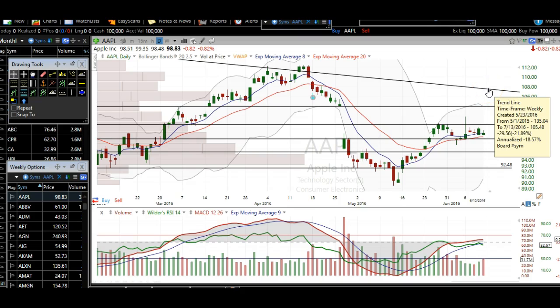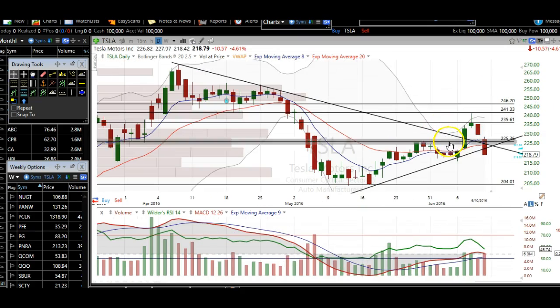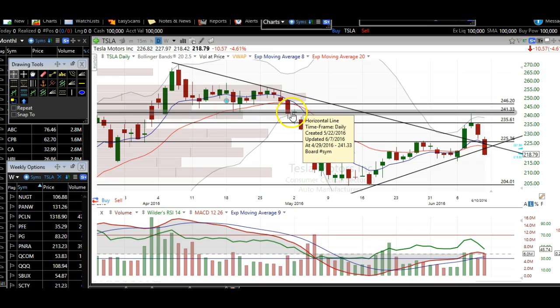All right, guys, next one I'm going to cover is Tesla. So Tesla, last video we did on Tesla, we had a target of 241 from this resistance, the low of this candle, the close of this candle, and the open and the close of that candle, and it was also the gap fill right there.